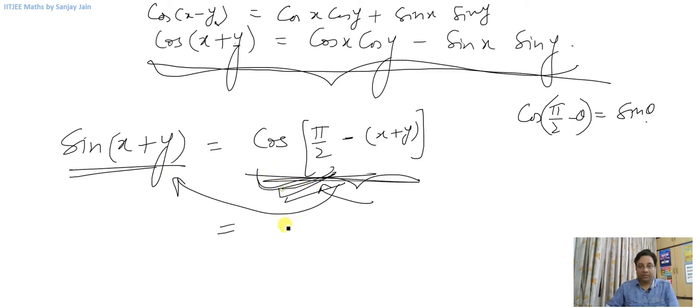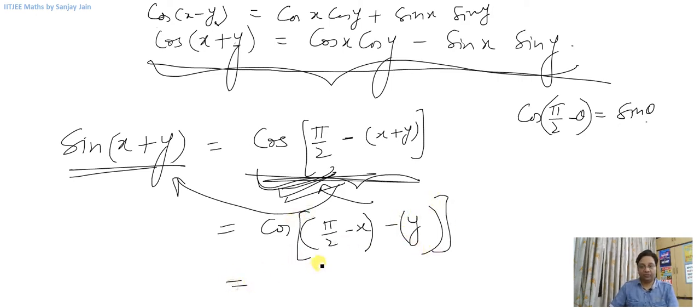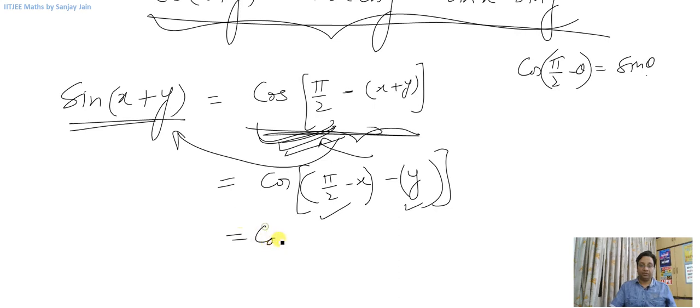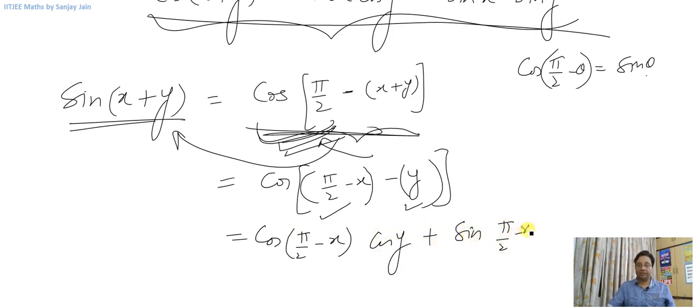So now look at this one. This can be written as cos of pi by 2 minus x, then minus y. So if I consider this as one of the angles and this as another angle, and now if I write cos of, let us say, alpha minus beta, I will write it as cos alpha cos beta plus sin alpha sin beta.